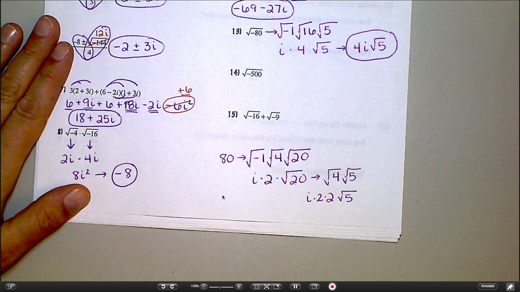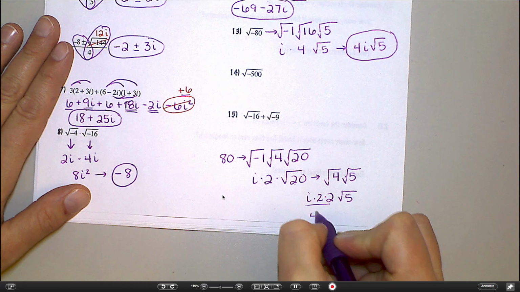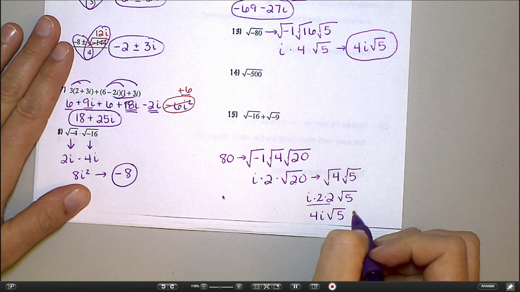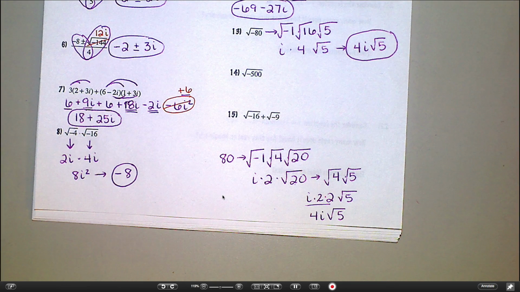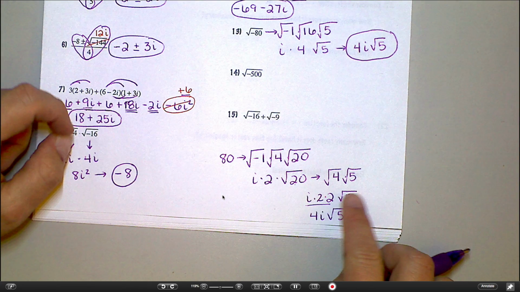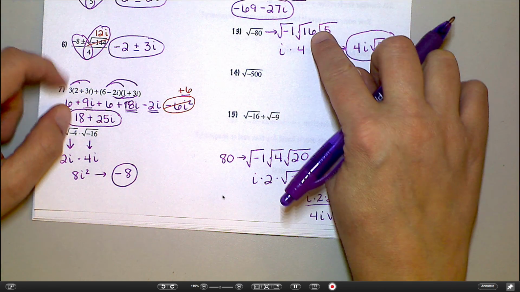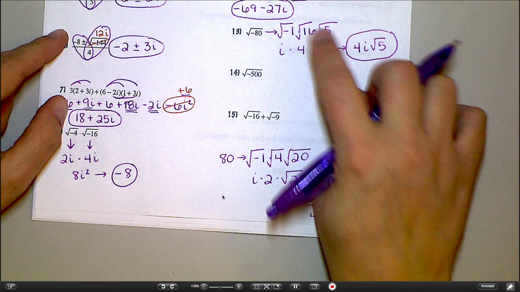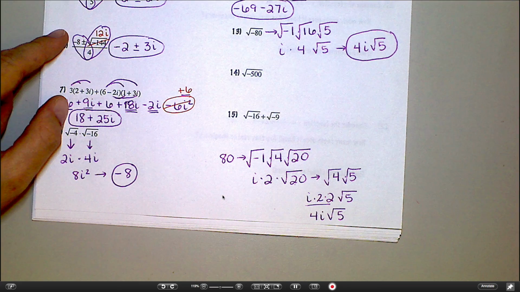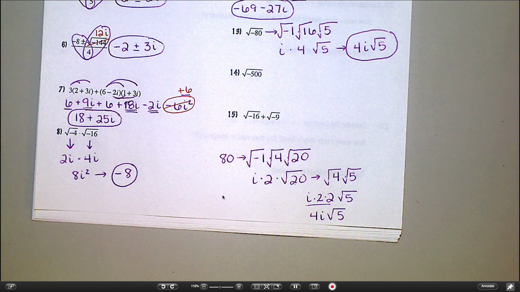Put that all back together and you get 4i square root of 5, just like before. So, if you didn't catch that right away, if you didn't know that 16 was a factor there, you could still catch it by doing a 4 and then another 4 later on down the road.